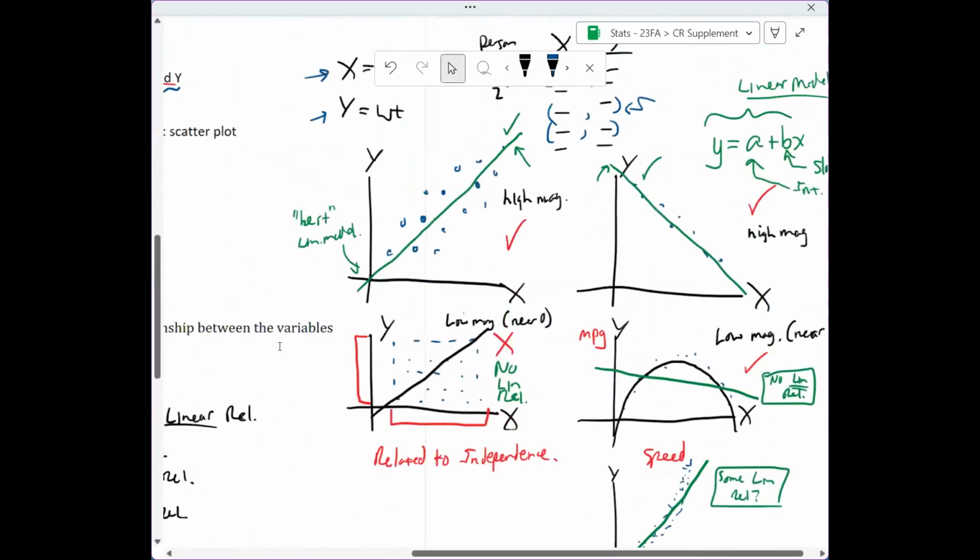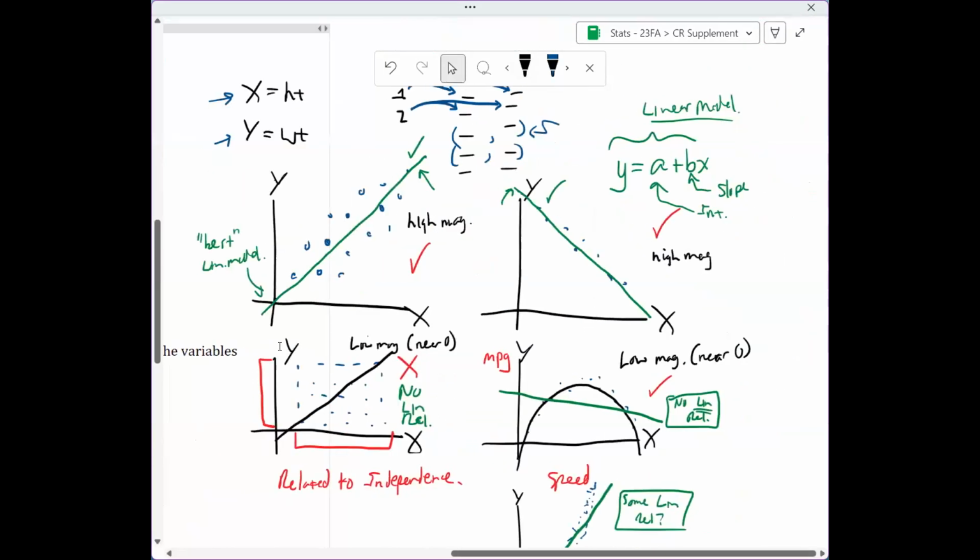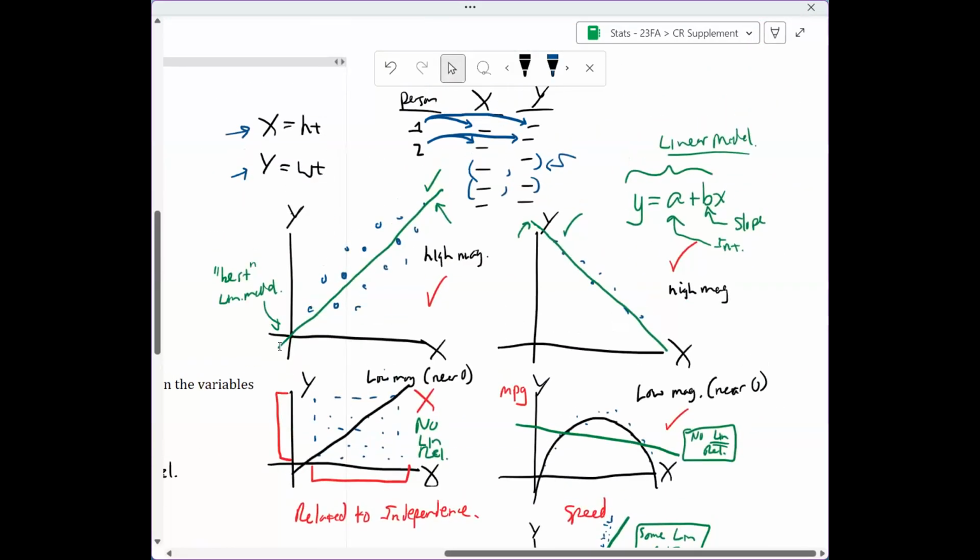So if I look over here, well, the bottom two that have no linear relationship, I'm not really interested in their sign because they don't really have a linear relationship to start with. But the top two, I can discuss the nature of their relationship. The top left, I see that higher values of x tend to be associated with higher values of y.